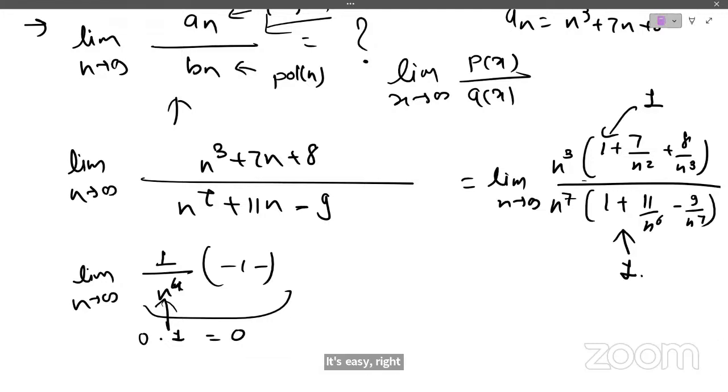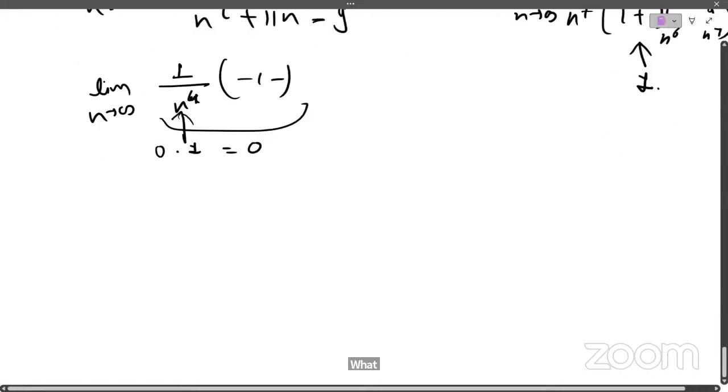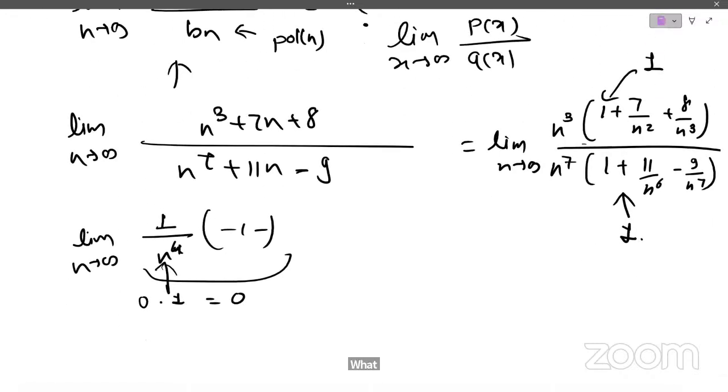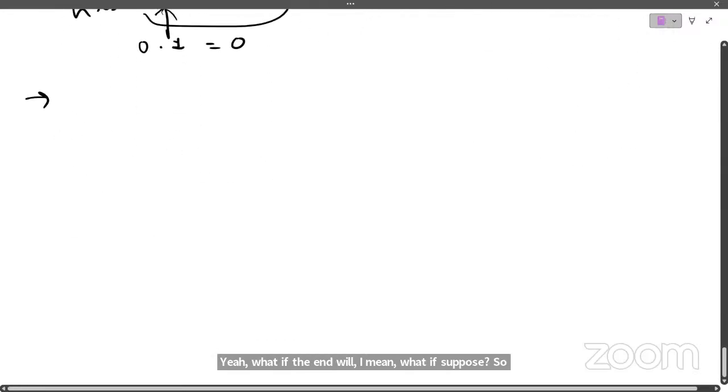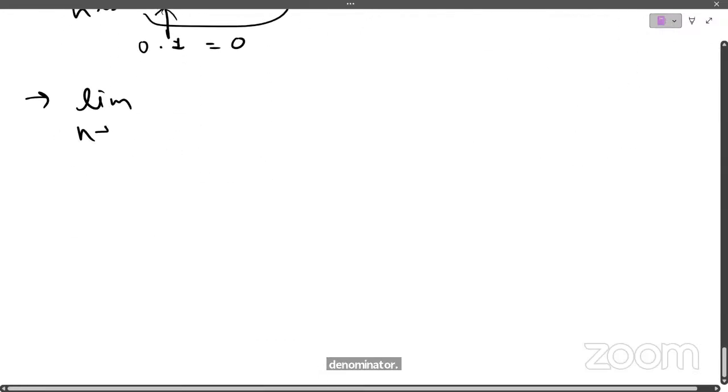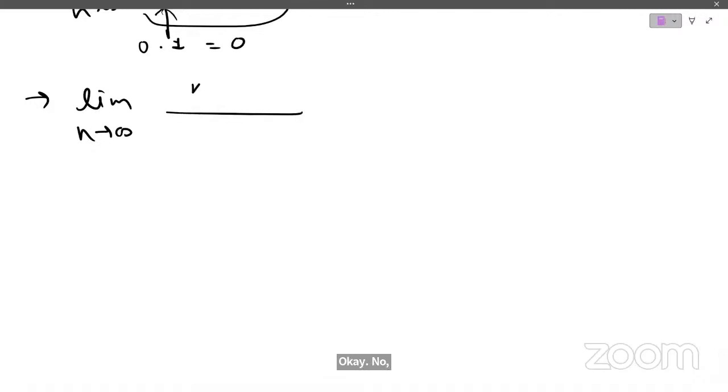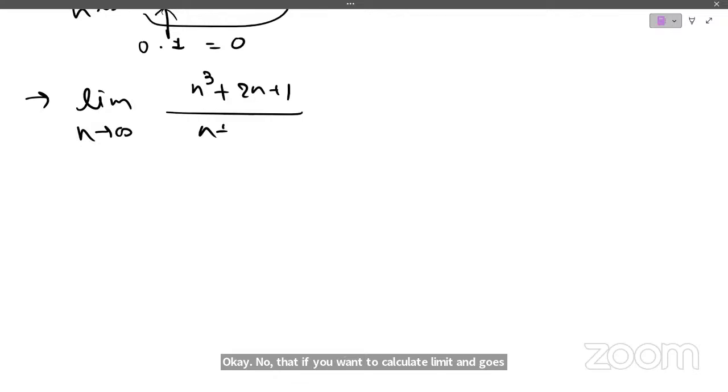Any doubt? What if suppose, this is one case where we are getting n in the denominator. Now suppose you want to calculate the limit as n goes to infinity of n cube plus 2n plus 1, and here we have n plus 1.